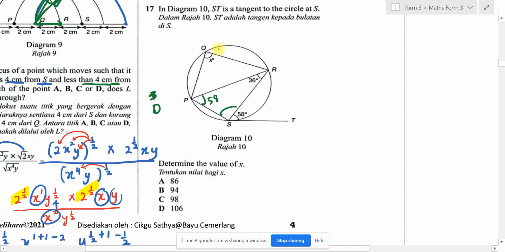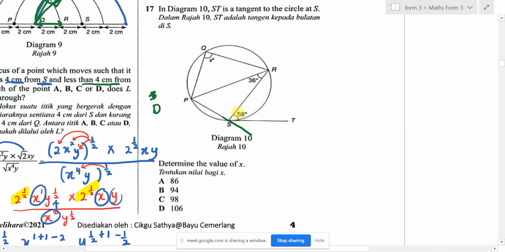We know that opposite angles must make 180. However, this 58 is quite confusing for us. Sir, opposite of a diameter must be 90, right, sir? Yes, I know, but they did not say it is a diameter. If they had said diameter, we could do this quickly.